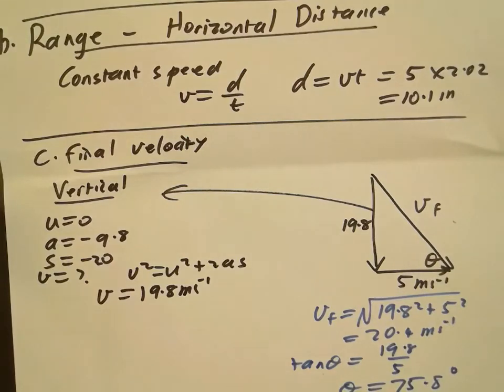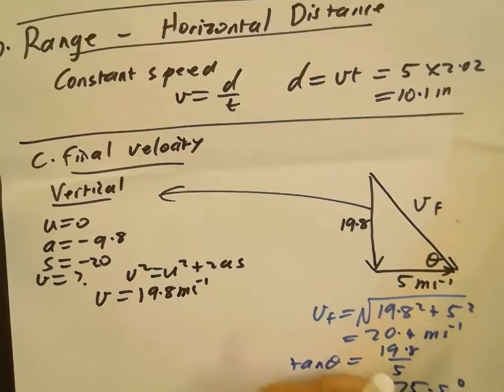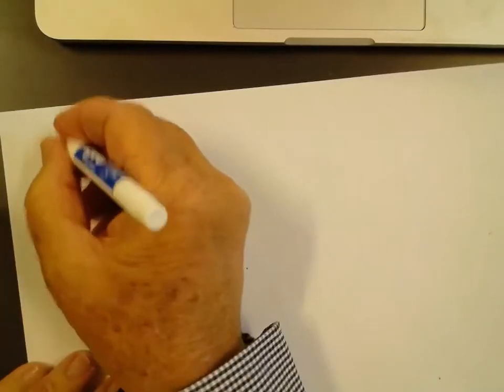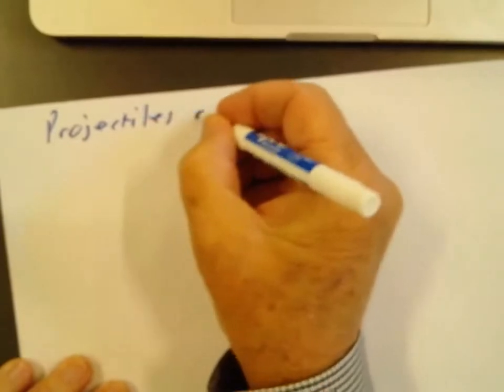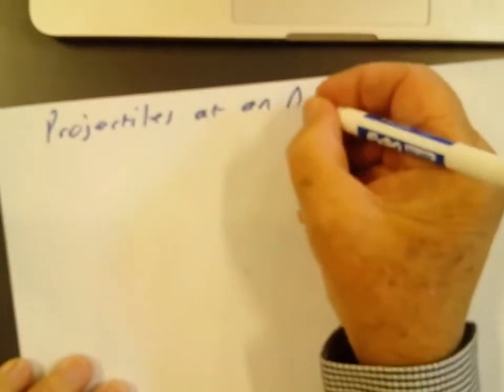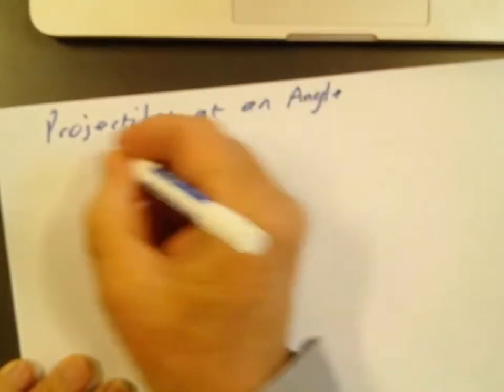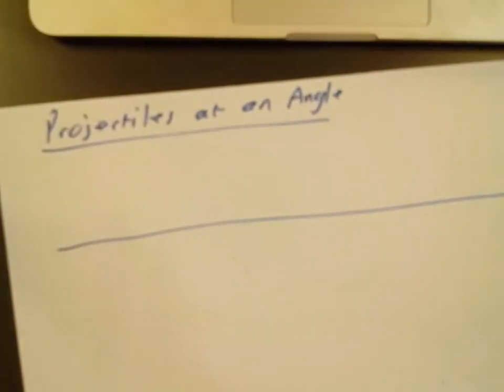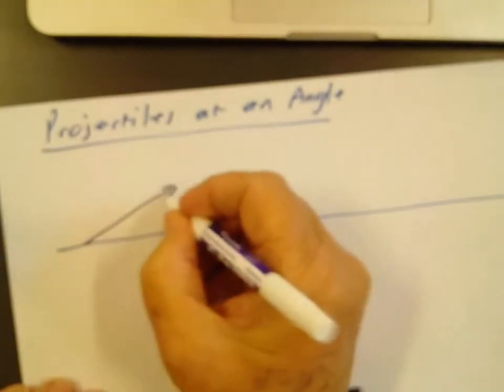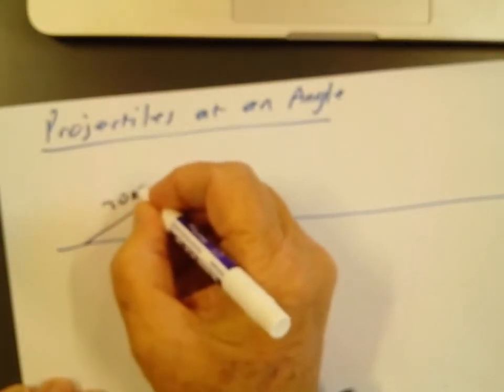The second half, we're going to do a very quick one with a projectile at an angle. For example, we've got the ground along here, and something is projected at 20 ms minus 1 at 30 degrees.